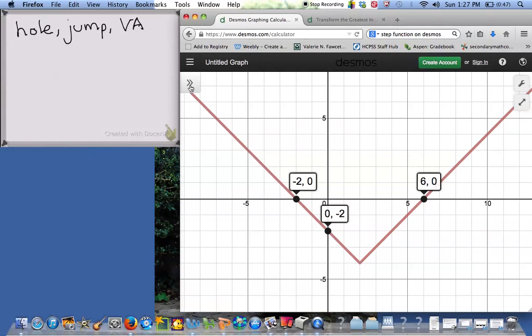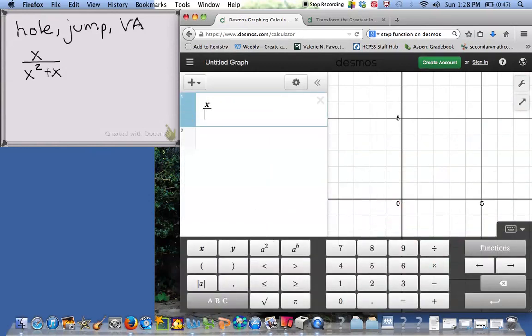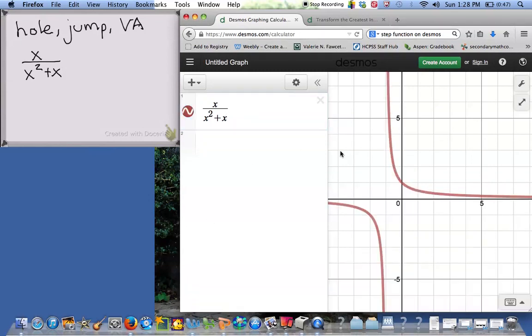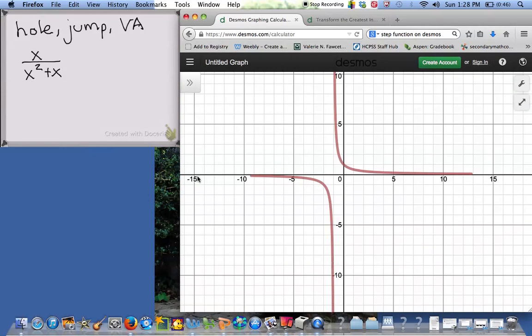So first, let's look at the graph of x divided by x squared plus x. As you can see in this graph, there's a vertical asymptote here. We can't start here and trace the entire curve. There's a vertical asymptote. x can never equal -1.